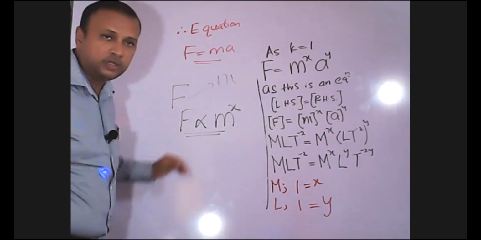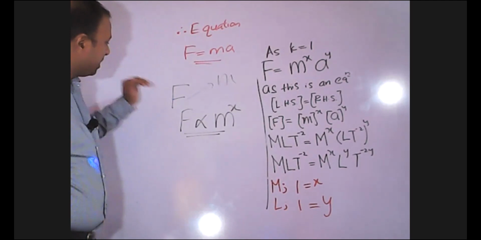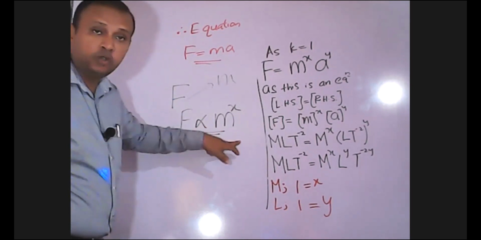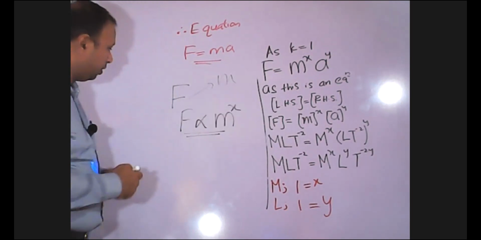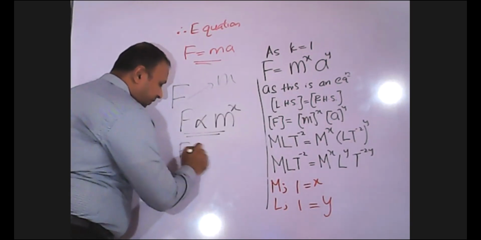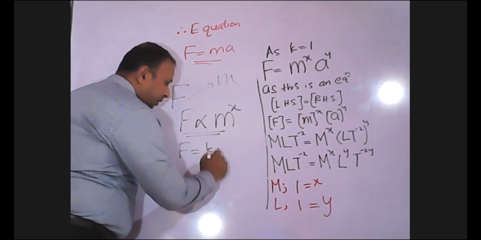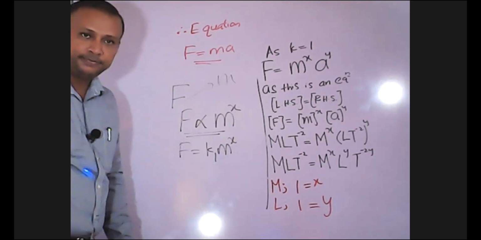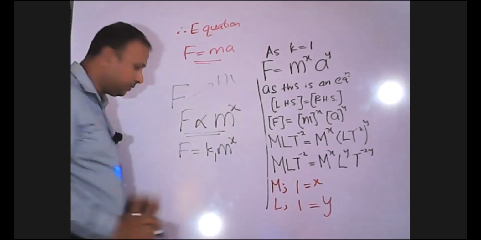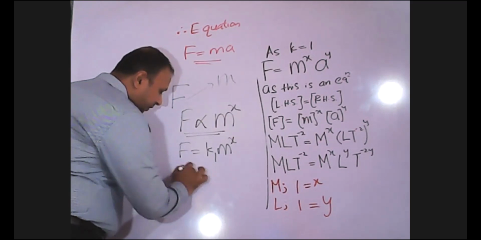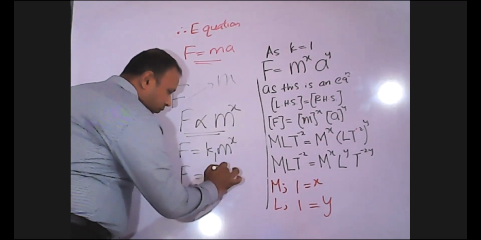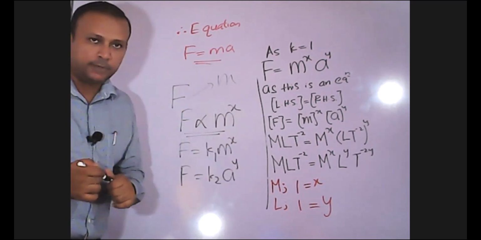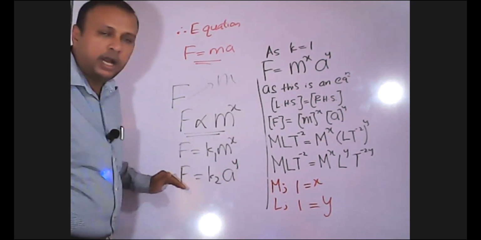Okay. Again, going into discussion. Suppose F is directly proportional to M to the power something. So we can write F is equal to K1 into M to the power X. Suppose again F is equal to K2 A to the power Y. This is your argument.